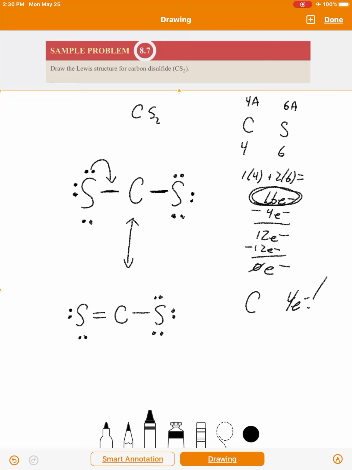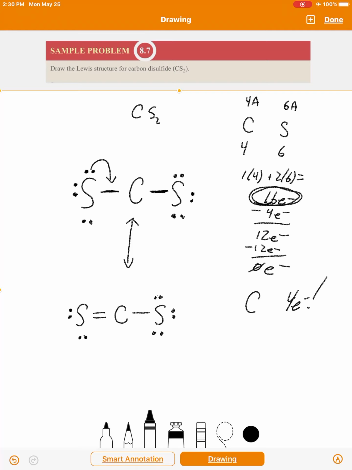Usually what happens, the most stable structures are ones in which, if you have more than one surrounding atom, the surrounding atoms will share the same number of electrons. Meaning, if you have 2 sulfur atoms, each will share the same number of electrons to the carbon atom, instead of one sharing a lot and the other one sharing a few.